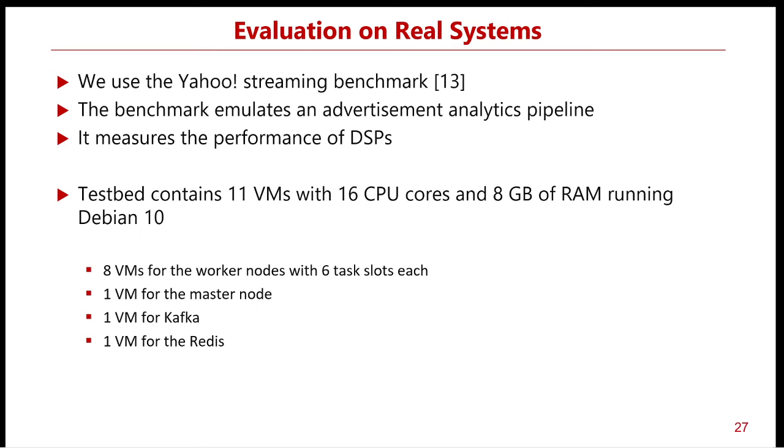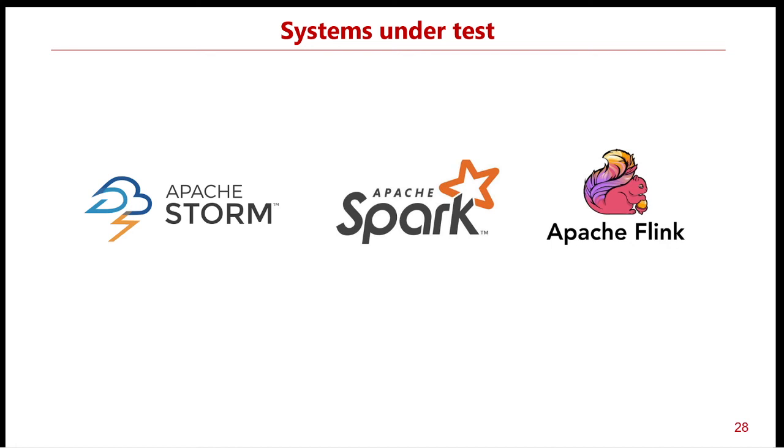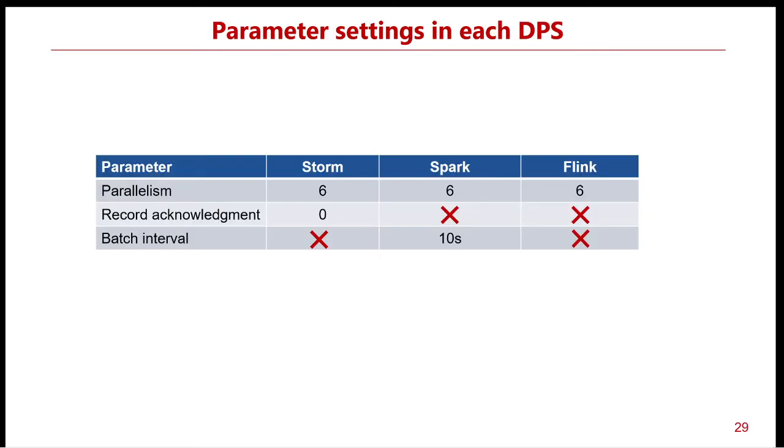We use 3 systems to measure the performance of SNR: Apache Storm, Apache Spark, and Apache Flink. Each of these systems has some parameters to tune, namely parallelism, record acknowledgement, and batch interval, which are the most famous ones.